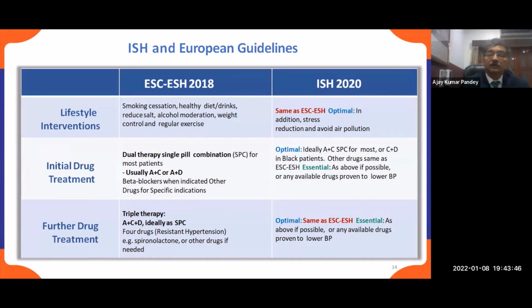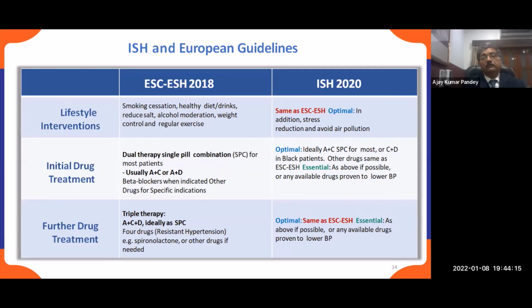But International Society of Hypertension says that A plus C, that is ACE inhibitor or ARB plus calcium channel blocker, these are the best combination in a single pill combination for most of the black patients, and other drugs same as European Society guidelines. And further drug treatment is that from dual therapy we should go to triple therapy, that is A plus C plus D, that is ACE inhibitor or ARB plus calcium channel blocker plus thiazide-like diuretics.